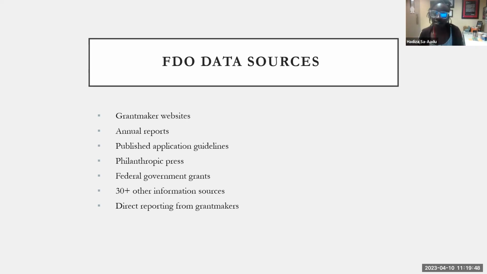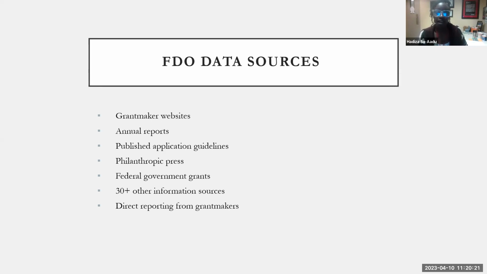Okay, so as far as the data sources, a lot of people tend to be curious about where Foundation Directory Online actually gets all of its information. If you have spent time on your own accord using Grants.gov, you can see that there's some overlap sometimes between what you see on Grants.gov and on Foundation Directory Online as far as the federally based grants. So that is one source that Foundation Directory Online does pull from.